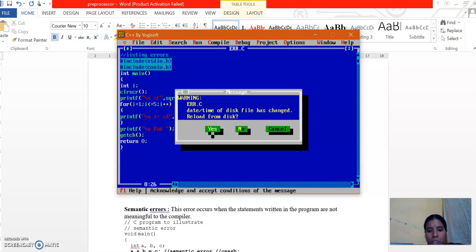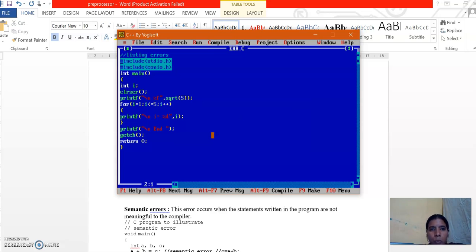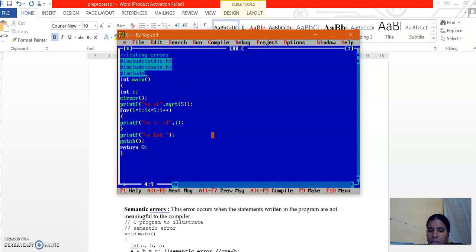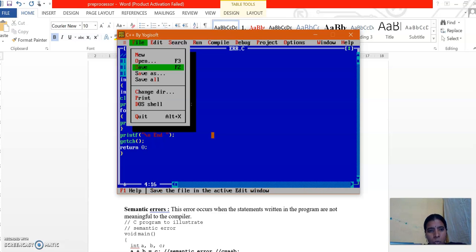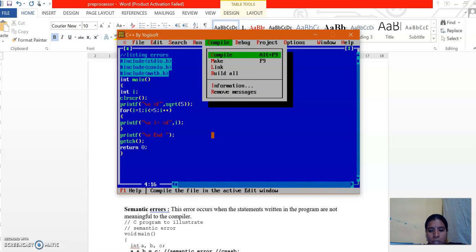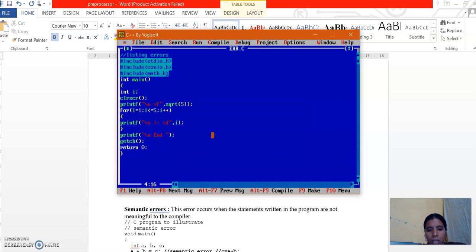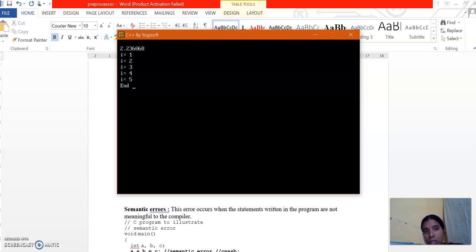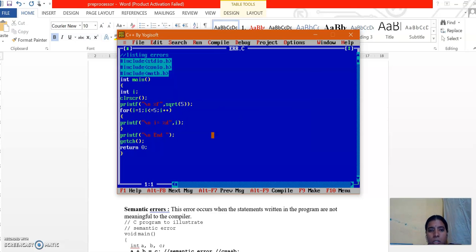It's not throwing an error, but you get the right answer provided you include only math.h. In some compilers it is clearly an error. On my machine it's not showing, but it might show as an error on yours, so be very careful. Compile and run. Now I got the answer, 2.236 something. On my machine it's not showing an error, but your machine might show you an error, so be very careful.